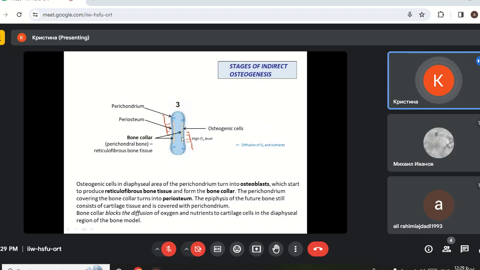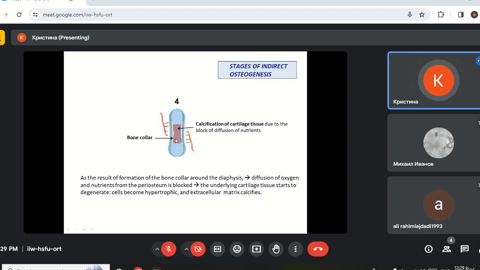But in this area where we now have the bone collar, which consists of hard bone tissue, diffusion is not possible because nothing can diffuse through the hard bone tissue. So the cartilage in this area, just below the bone collar in the diaphyseal region of the future bone, starts to die, starts to degenerate.